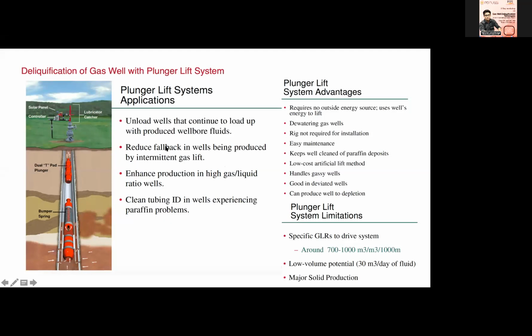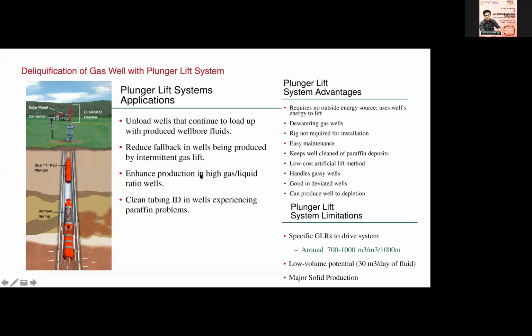And also, one thing is that we are proposing one method in Agartala, Tripura, ONGC. We will be using plunger lift in combination with intermittent gas lift. So it is basically plunger-assisted intermittent gas lift. So we will be installing a gas lift valve as well as the plunger lift. So it will be used to reduce the fallback of liquid, right?